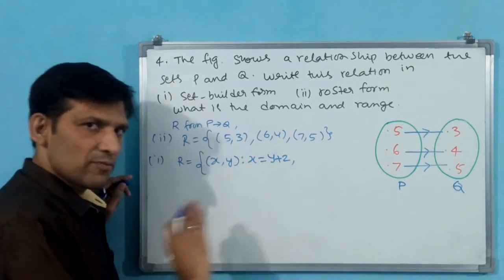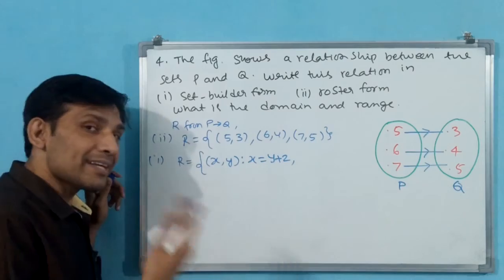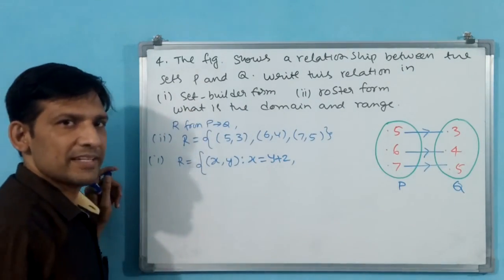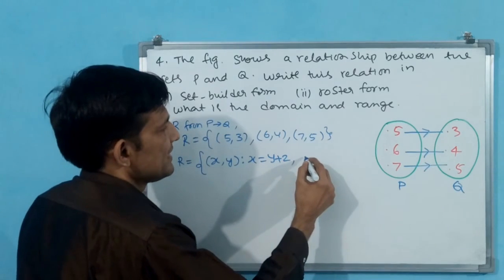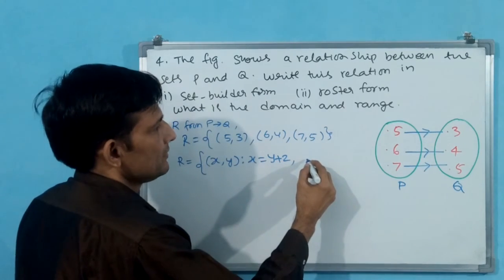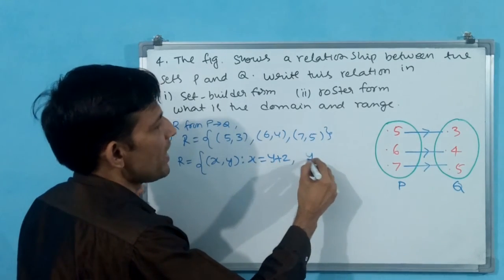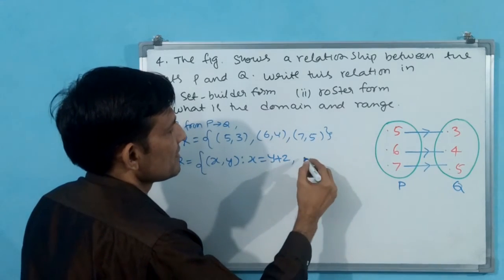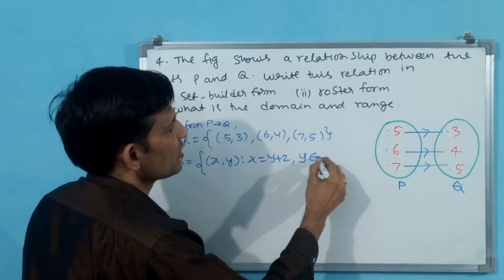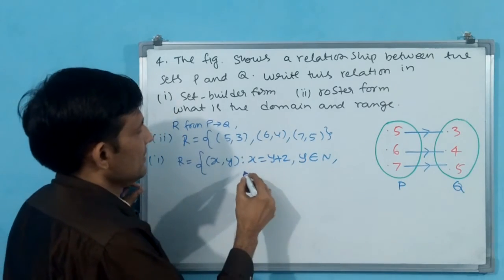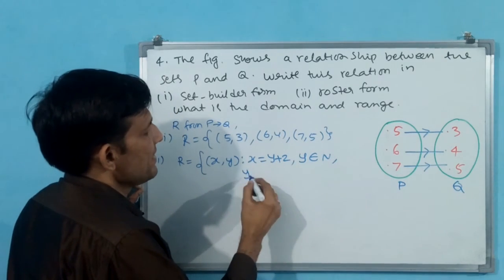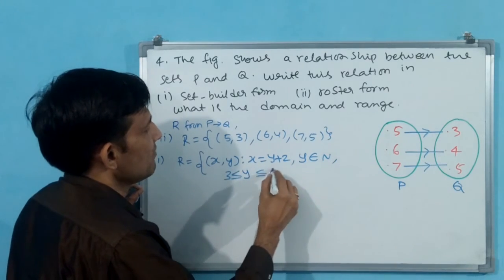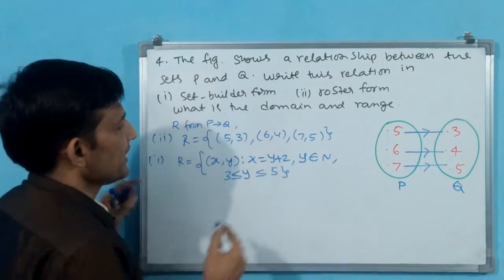Okay, it is not over. But what are the conditions? Because here all natural numbers or something are not there. Okay, then you write y belongs to natural numbers, y is greater than or equal to 3 and less than or equal to 5. Is it correct?